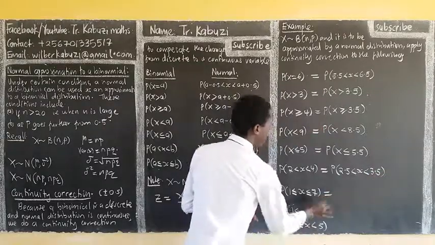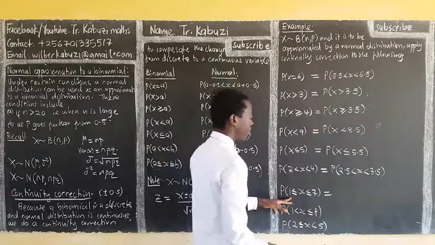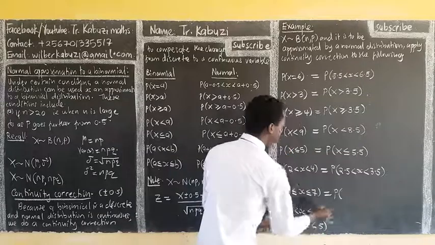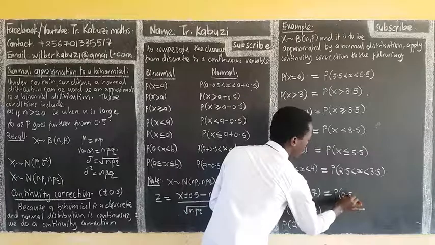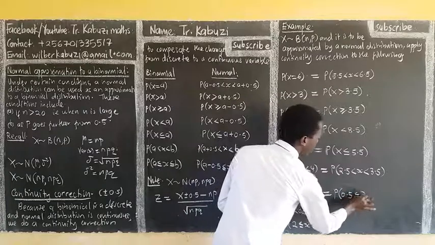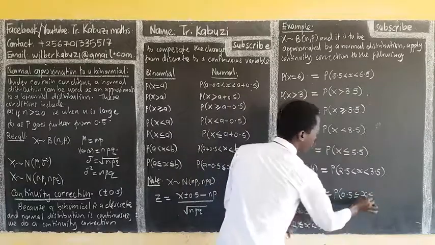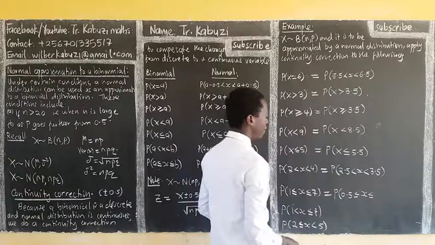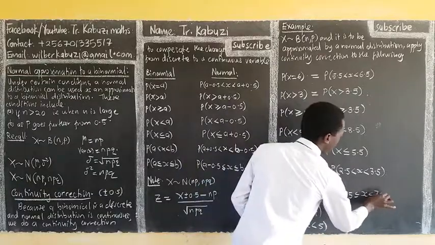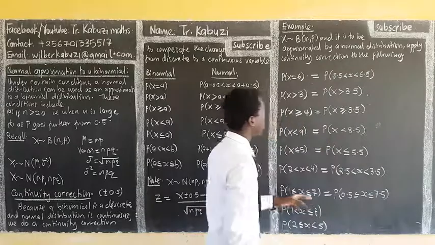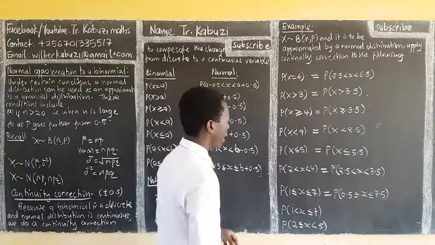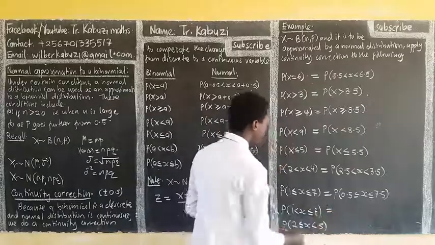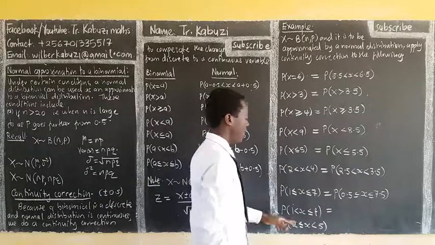When you have now this, it's greater. When you say this is greater or equal to, we subtract 0.5 to come to this, less or equal to x, less or equal to, and on this we add 0.5 because it's less or equal to. So whenever it's less or equal to, we add. Now what happens to this? This we have greater, so for greater we add.